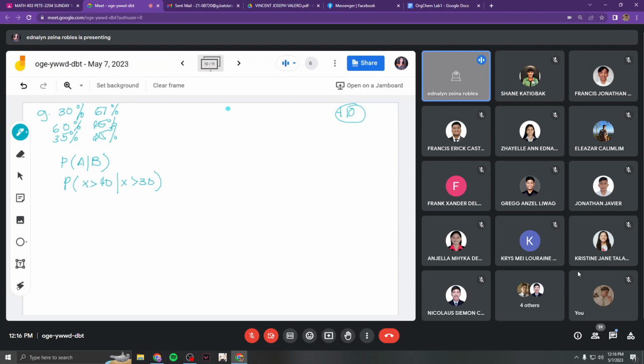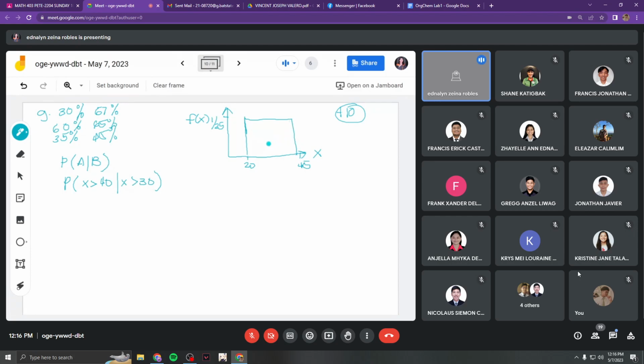So first, let's demonstrate it through a graph. This is our x, and this is our f of x. F of x still remains at 1 over 25. Our values are still 20 and 45. So this is our graph.